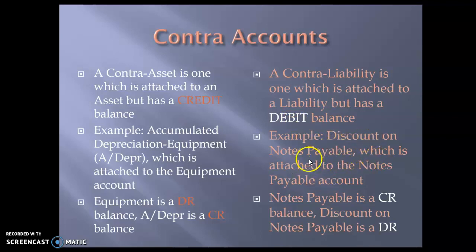We won't really be using that until we get to accounting 102, or actually maybe even accounting 201. Okay? But again, notes payable is a credit balance because it's a liability. But the contra liability that's attached to it would be an opposite balance, a debit balance.